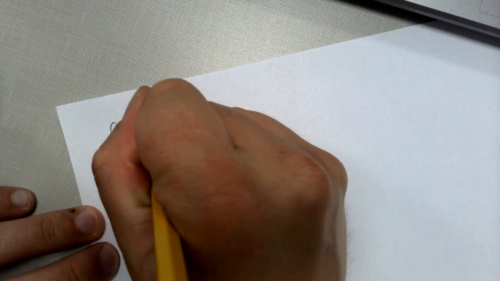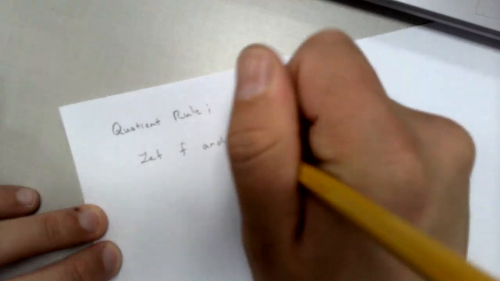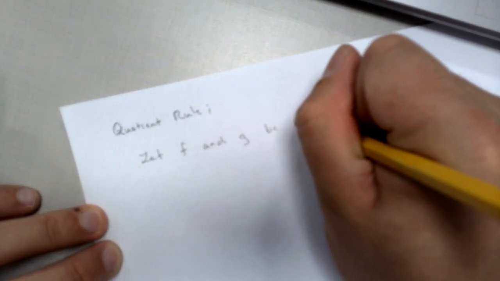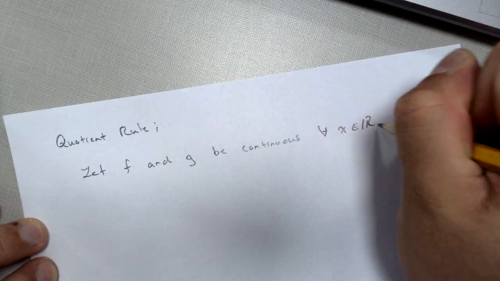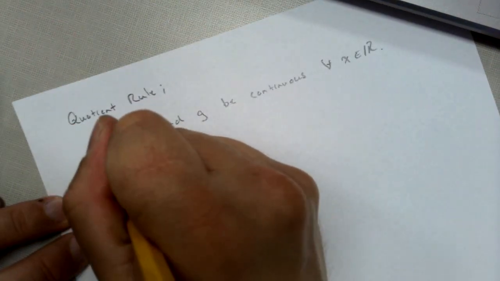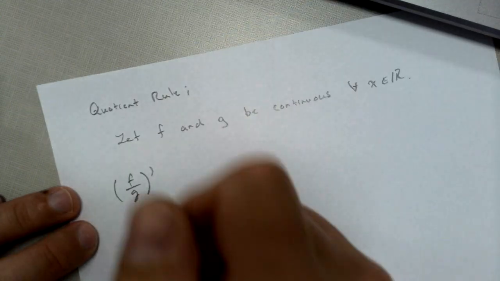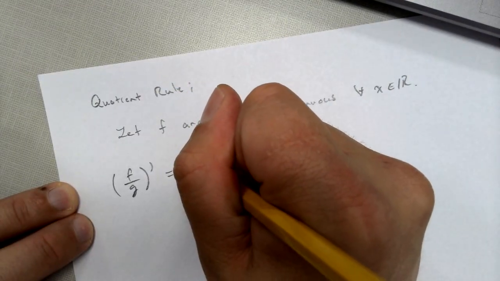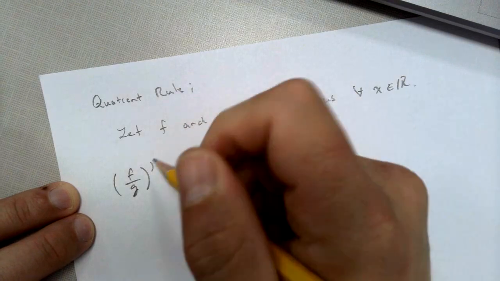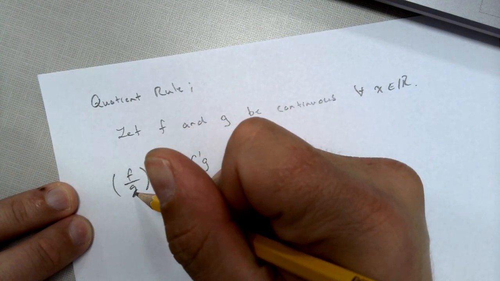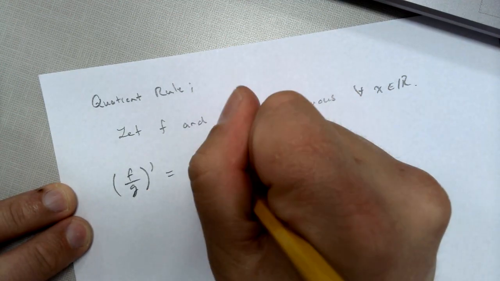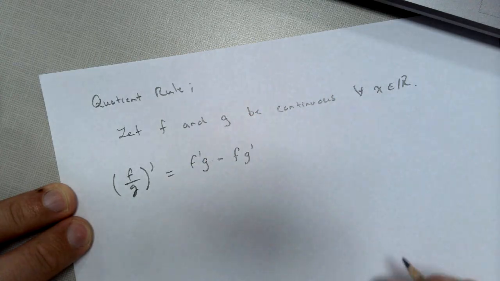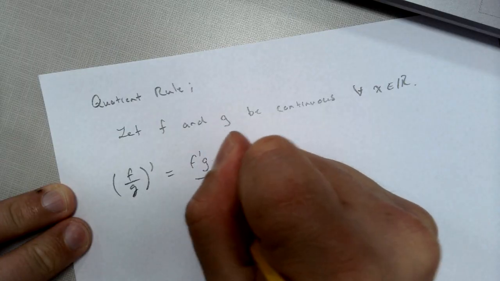So let f and g be continuous functions for every x as an element of the real numbers, then f divided by g, prime, is equal to, there's a little saying for this, it's low d high, so the function on the denominator times the derivative of the function in the numerator, low d high minus high d low, over low, or low squared.